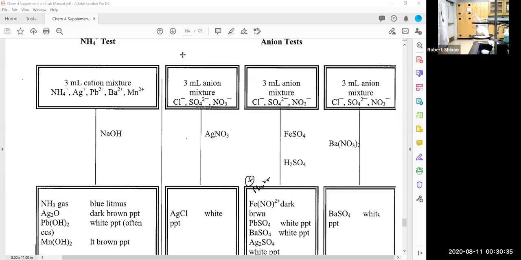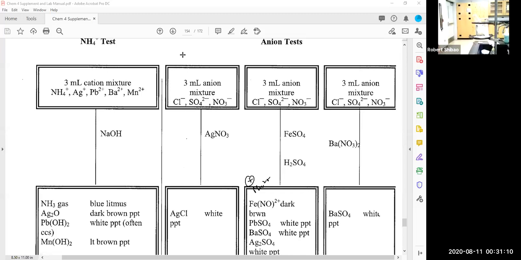I'm just going to use this to transfer. So for the ammonium test, I'm going to use 3 squirts because it's not that sensitive. We're testing for the gas. Do 1. 2. 3.